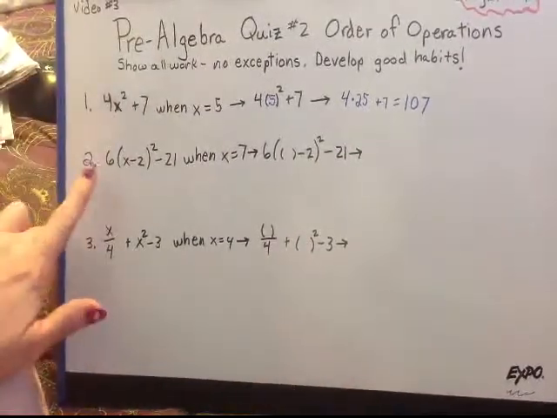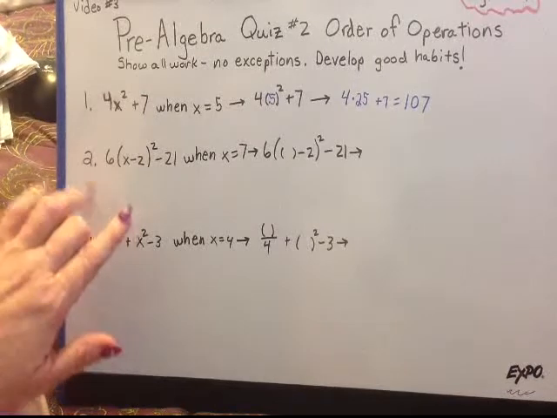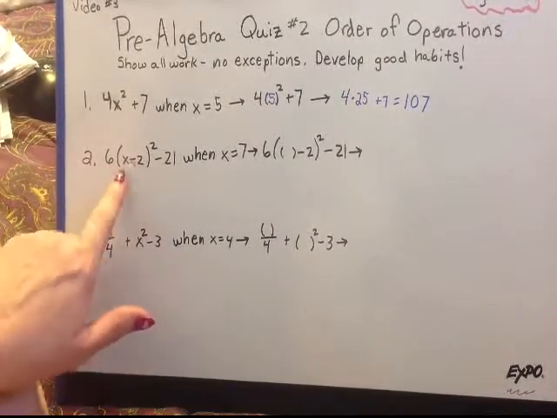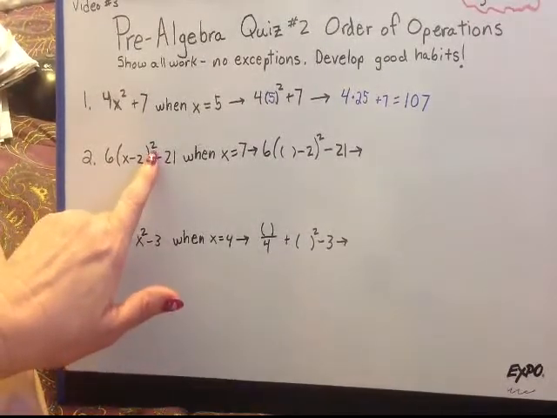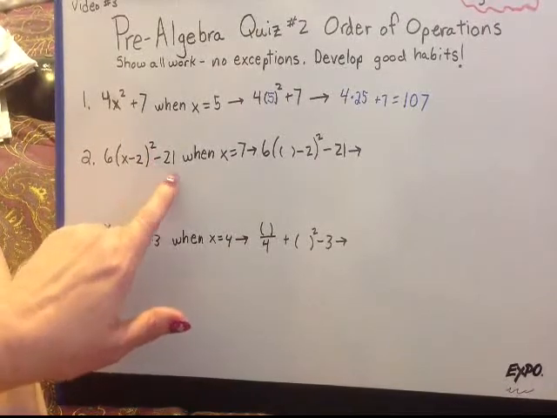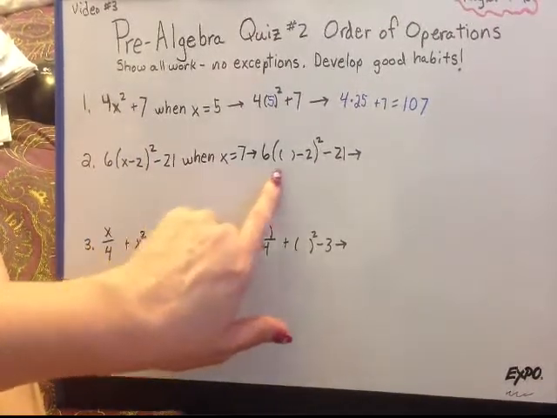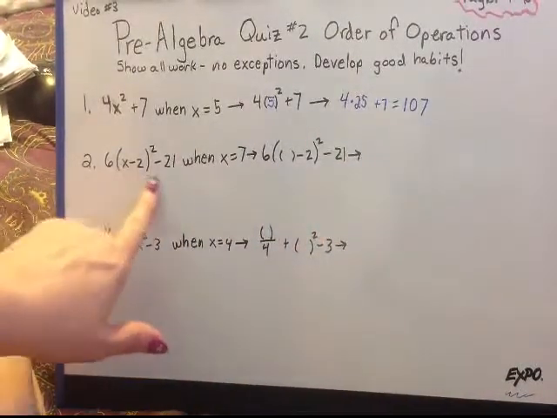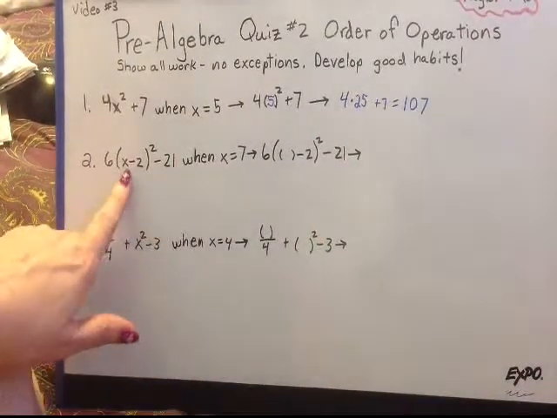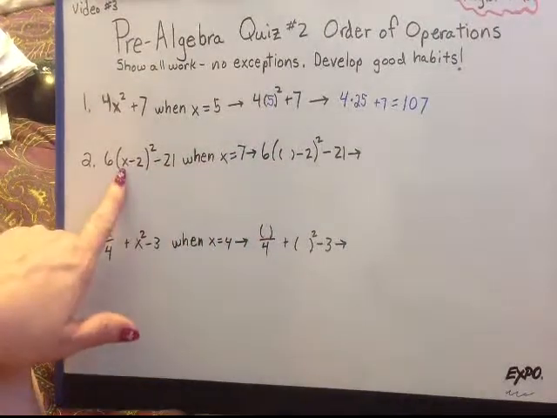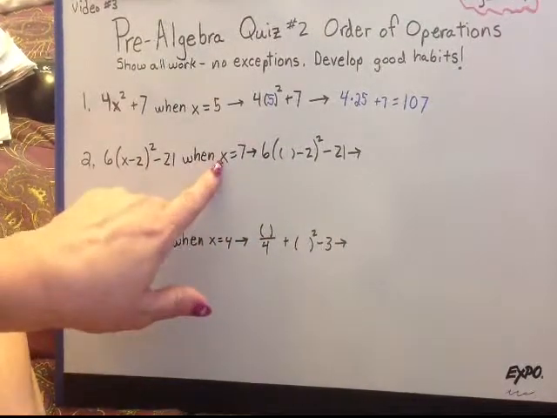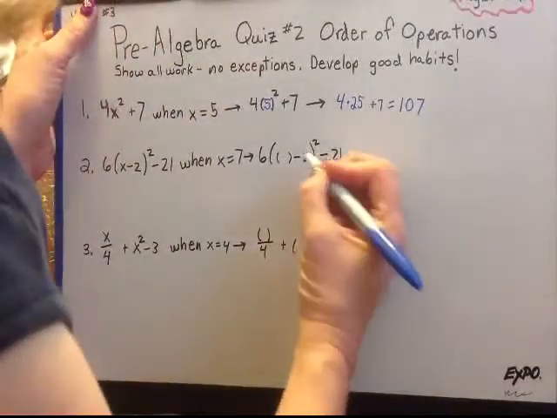Okay, question number 2. 6 times the quantity x minus 2 squared minus 21 when x is 7. So the first thing that I did was I rewrote this expression and I put parentheses in place of the x. Now we know that x is 7, so we're going to substitute here.